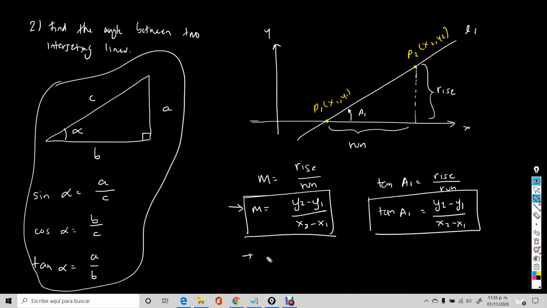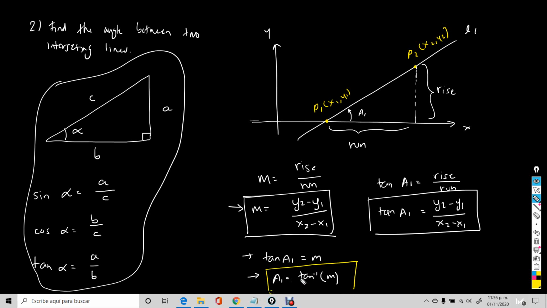And so I can write this. Tangent of angle 1 is equal to the slope of this line. And basically, if I want to know the angle, all I need to do is isolate by applying the inverse tangent of the slope. And I suppose that by now you know how to perform this in the calculator.